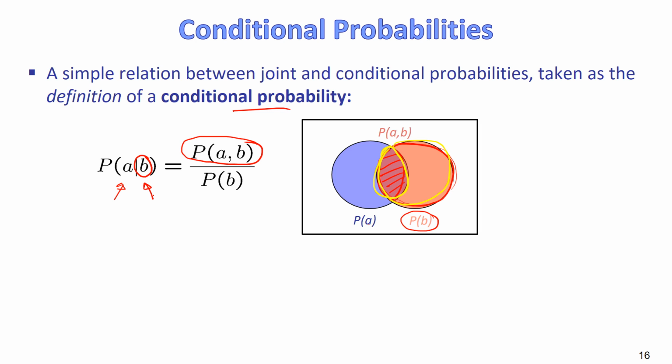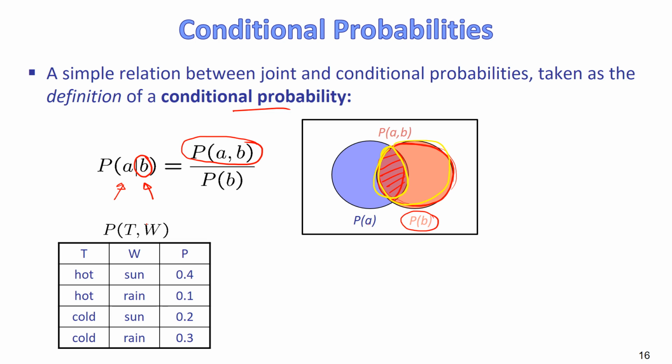So we are given an evidence and we want to get the probability of another event, given that we know the evidence or we know what we observed already. Okay? So here's an example. Given the joint distribution, as I told you, we can calculate any probability, even if it's conditional. So we are given this joint distribution.